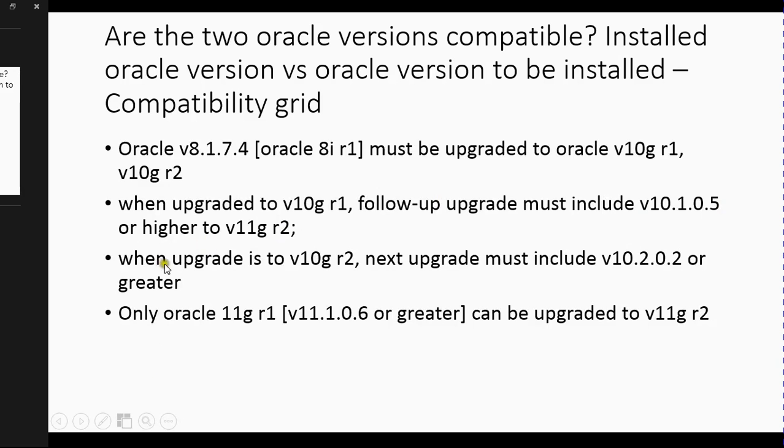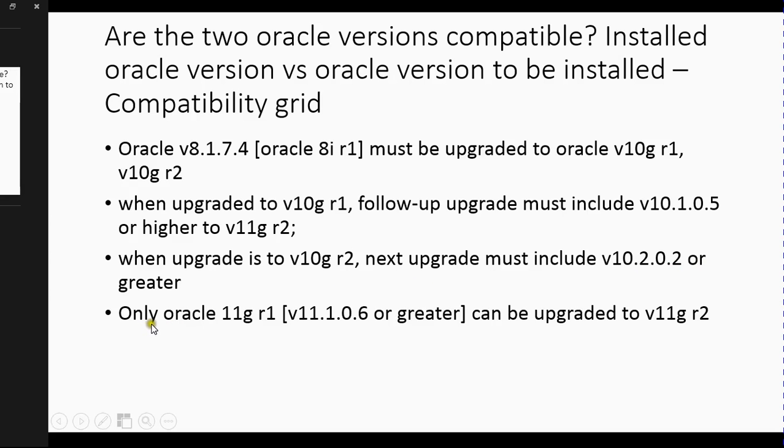And also, when you're upgrading, this is for 10g Release 1. When you have 10g Release 2 installed on your system, to upgrade to 11gR2, you would have to have this specific patch installed, 10.2.0.2, this one or anything higher than this, to be able to upgrade to Oracle 11gR2.